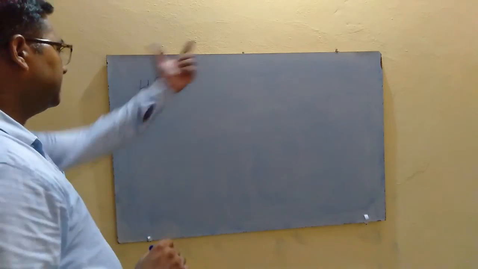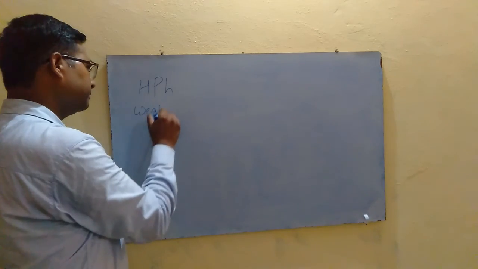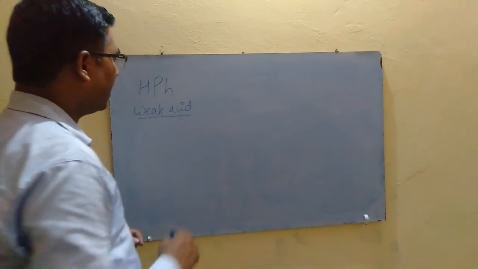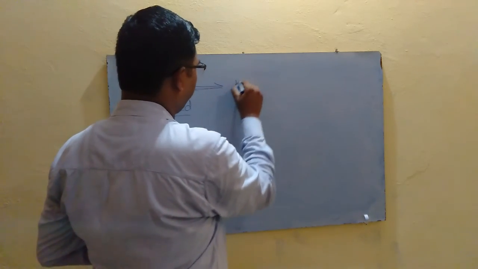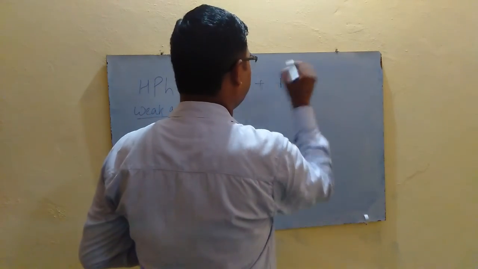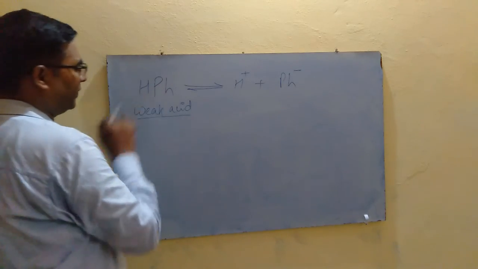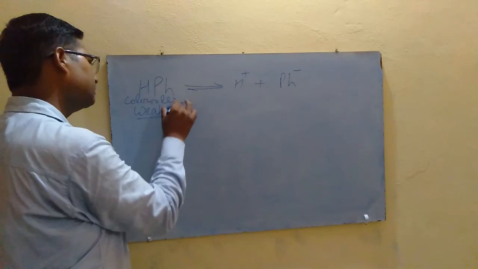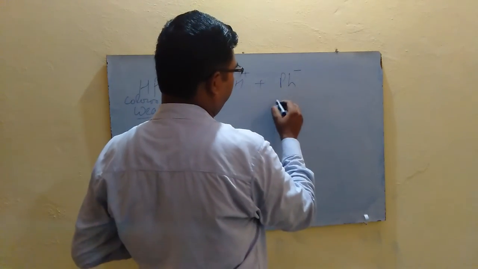This phenolphthalein is a weak organic acid in nature, and after its dissociation, it gives H plus ion and Ph minus ion in the solution. The color of unionized molecule of phenolphthalein is colorless, while the color of ionized molecule of phenolphthalein is pink.